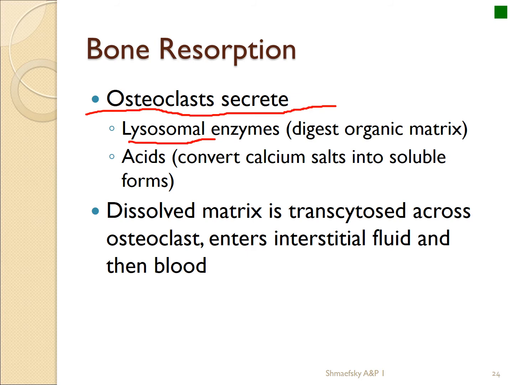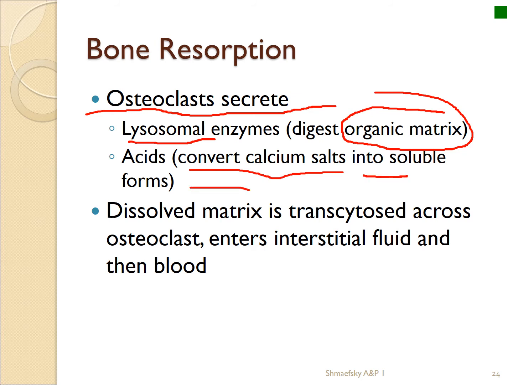But what happens is the osteoclasts produce enzymes that digest the collagen matrix. They digest all the fibers, and then acids dissolve the calcium and the phosphate, the magnesium and manganese. And all this content either gets used as food for the osteoclast, or it gets sent out of their cells and into the interstitial fluids, the fluids around that bone, and eventually into the blood.